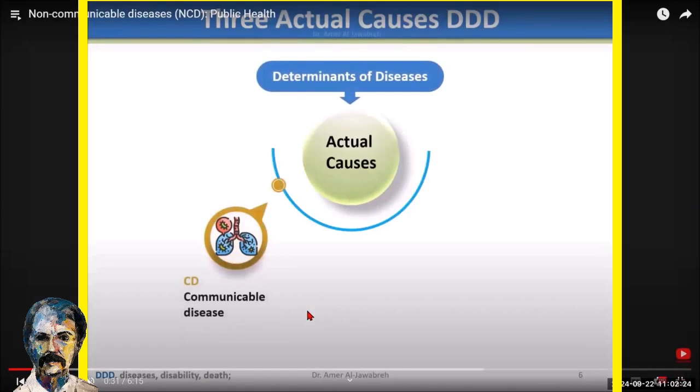As you had in the last chapter, CDs, there are three actual causes of the 3Ds. We call them determinants of disease. First, people die because they either get CDs, communicable diseases, infectious diseases, or contagious diseases, like COVID-19, vector-borne diseases like malaria, TB, AIDS, all of these diseases which have a microorganism as the causative agent, and they can be transmitted from one person to another, either directly or indirectly, to be quite precise.